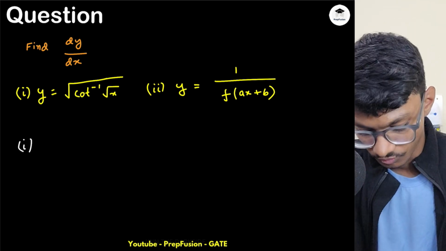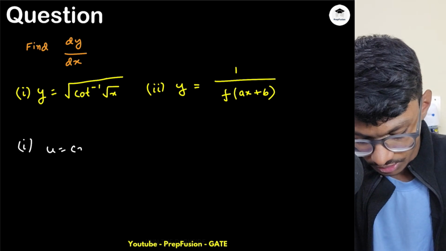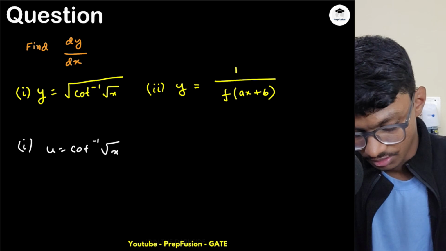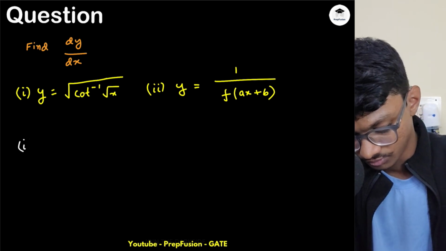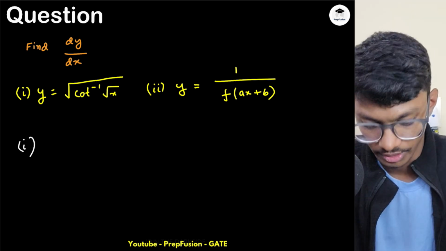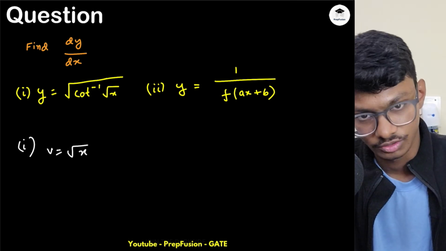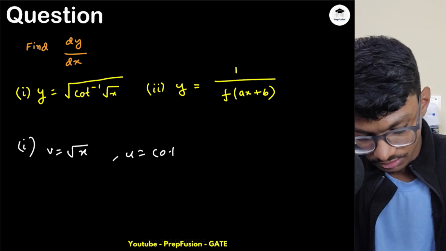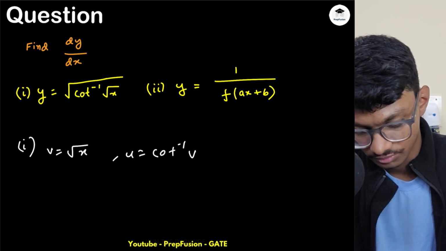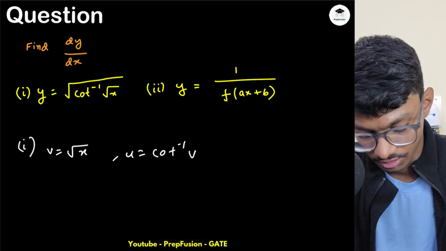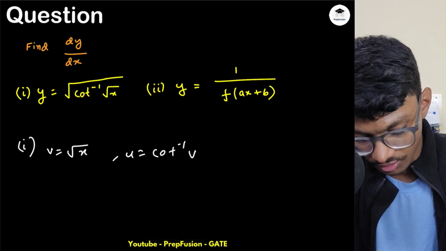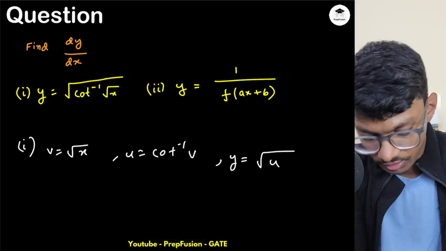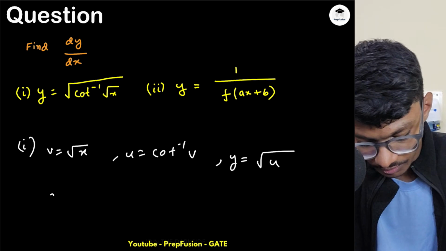I will assume a function, I will do the lowest hierarchy first. So I will take a function v which is equal to under root x. I will take a function u which is equal to cot inverse of v, right? Because v is under root x, and obviously my final function y is under root of u. So I have to find out dy upon dx, right?